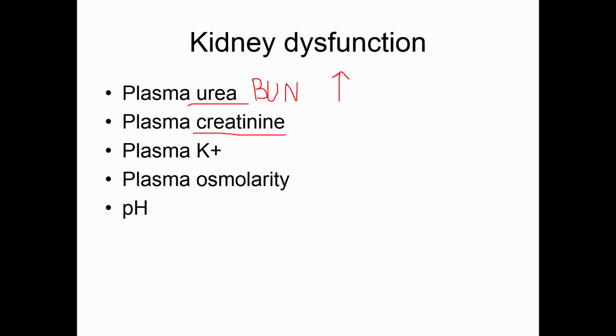Plasma creatinine, remember, we sometimes memorize that plasma creatinine should be 1 milligram percent, 1 milligram per deciliter, but there's a range there. Remember, Mrs. Goldberg in the nursing home should have a plasma creatinine that's maybe 0.6 or 0.7.